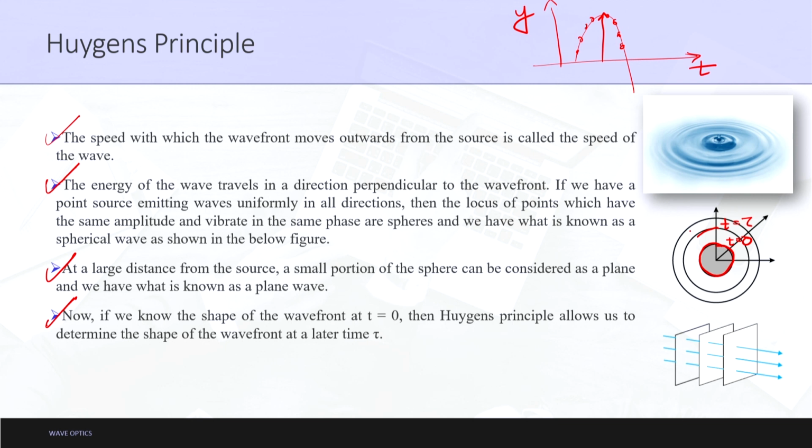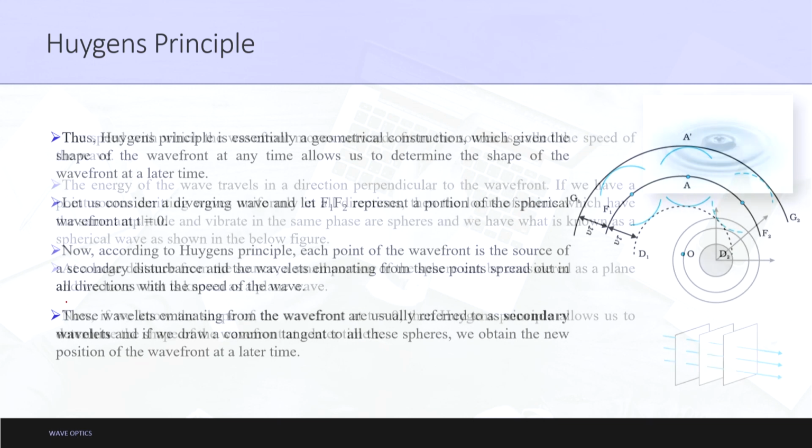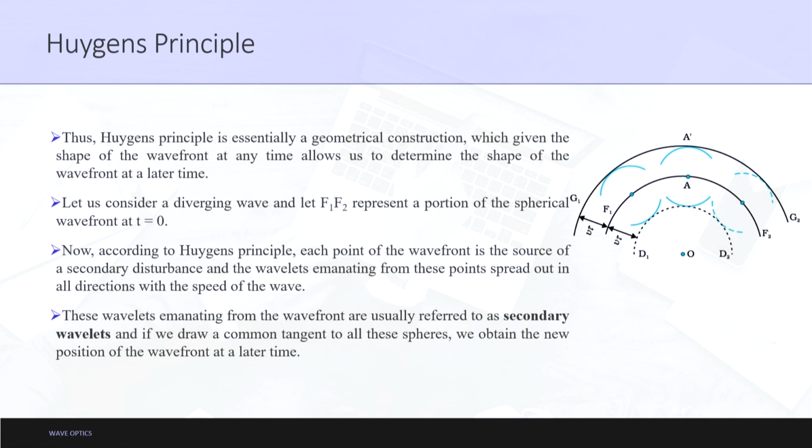To find this wavefront, there is a procedure we need to adopt using the explanation of Huygens principle. Let me explain the last point in the subsequent slides. Please look over here carefully, sometimes this can be a little tedious.